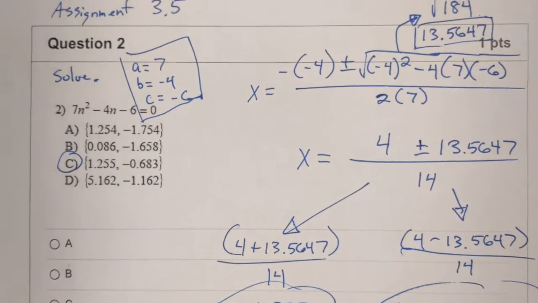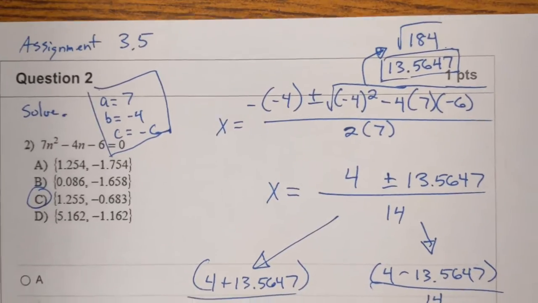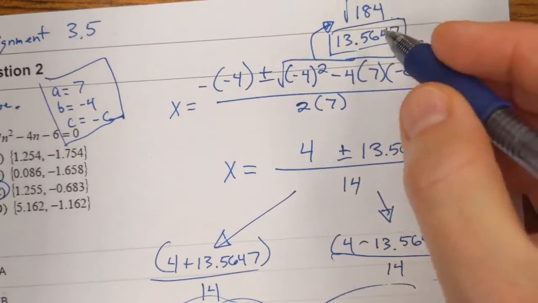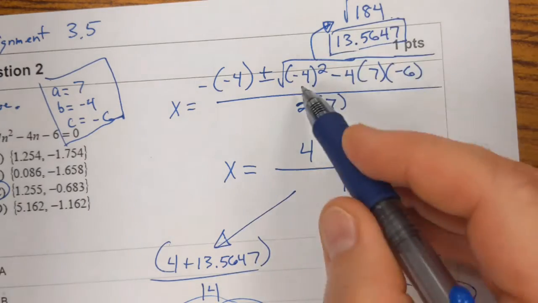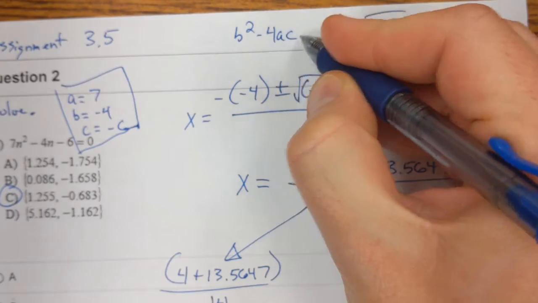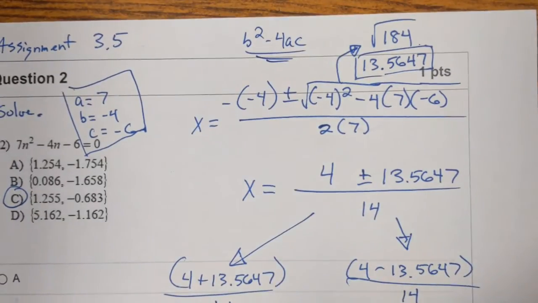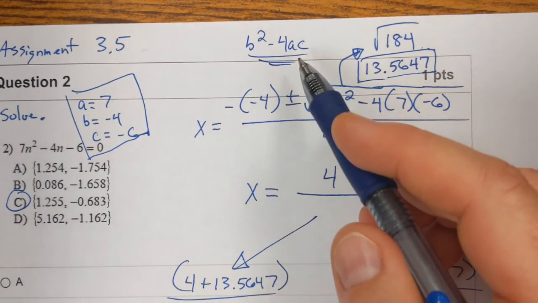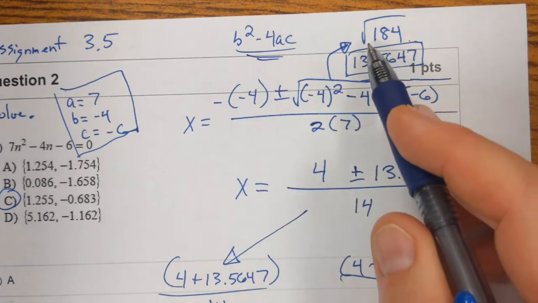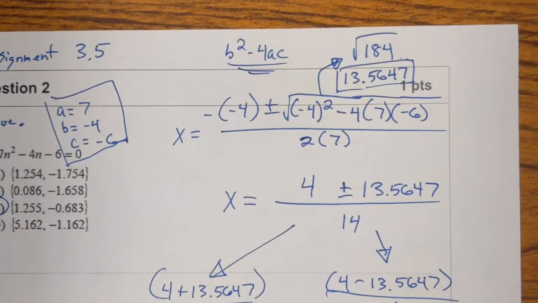Now I want to point something out here. Whatever comes out of your square root, the b squared minus 4ac, actually has a name. It's called the discriminant of a quadratic equation. Here, our discriminant, b squared minus 4ac, came out to 184.